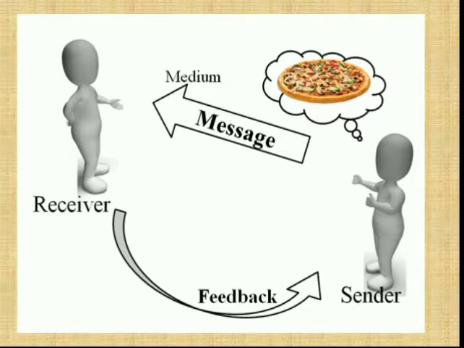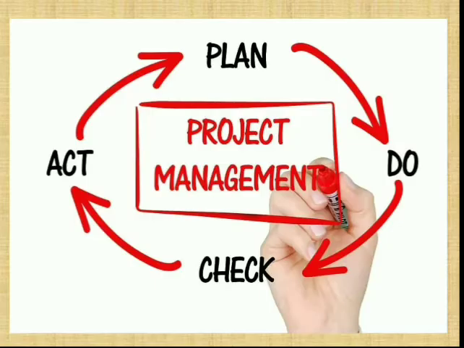Here in this picture, can you see that the sender is sending a message and the receiver has received the message, and then is sending feedback? So the sender can send the message verbally in the form of sentences or in written form, and the receiver can also send the feedback in the form of speech or written words.